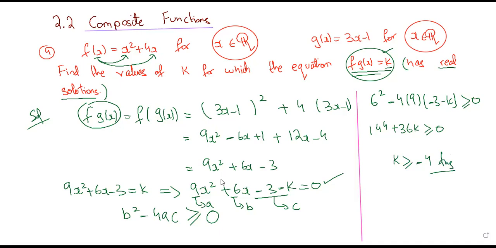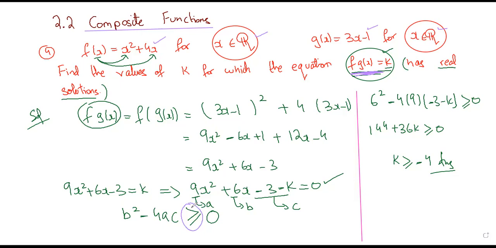Okay, I'll explain this again and then we are good to go. This was the first function. This was the second function. These were the domains. Forget about them for now. The main question was that this equation has real solutions. It could be two real solutions. It could be one real solution. So the condition that we can make out of this statement is basically that the discriminant would be greater than or equal to 0.